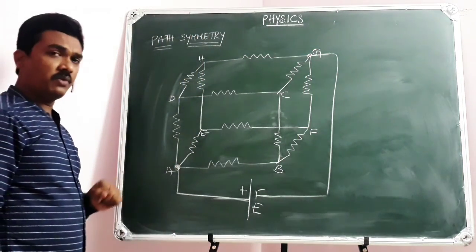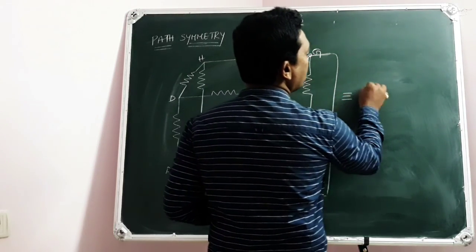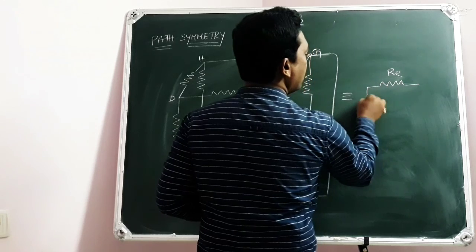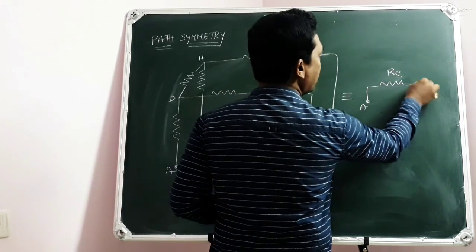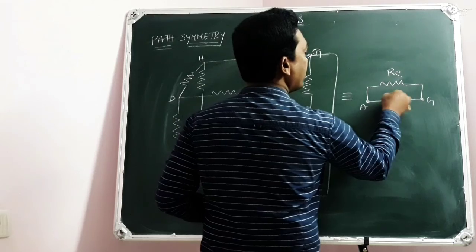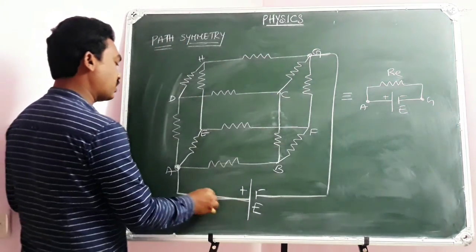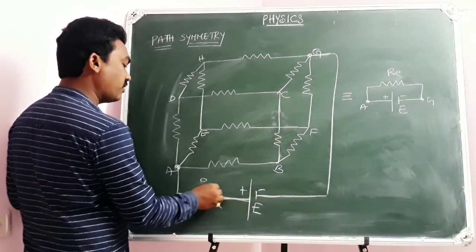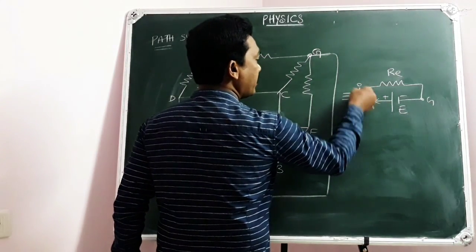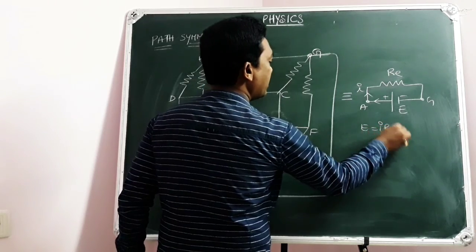If I simplify this electric circuit, the equivalent circuit will be an equivalent resistance RE between A and G, with a cell of EMF E connected. If the circuit current is I from the cell of EMF E, then I can write E is equal to I into RE.